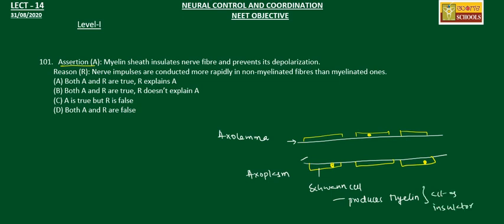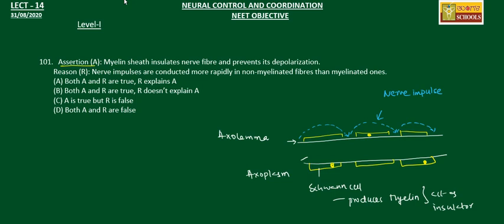Hence the nerve impulse will jump from one node of Ranvier to another node of Ranvier. Only at the node of Ranvier is the axon exposed, and the nerve impulse jumps from one node of Ranvier to another.